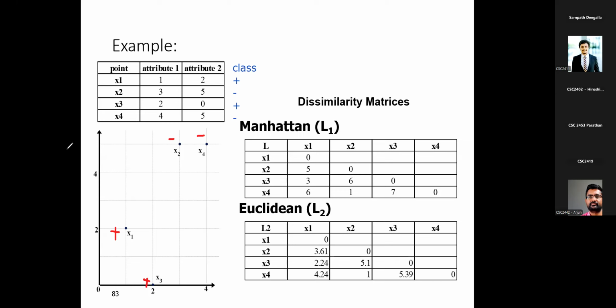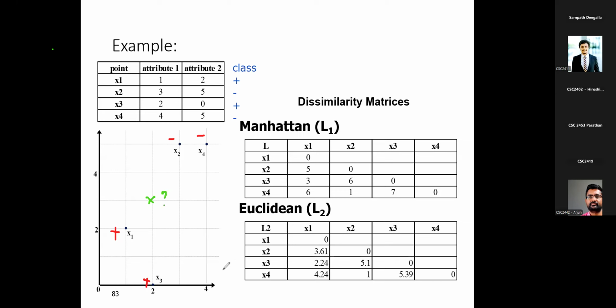Let's say we have a new data point. So what is the class? Is it positive or is it negative? We don't know the class label.